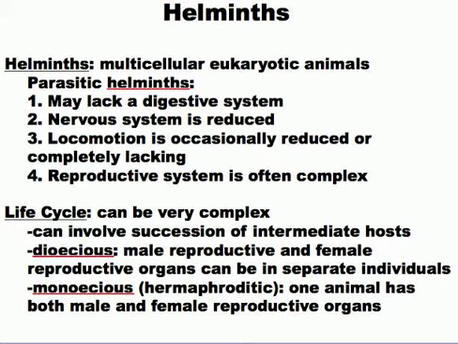The helminths can be dioecious, meaning the male and female reproductive organs are in separate individuals. You could say that humans are dioecious too. We have individuals with male reproductive parts and individuals with female reproductive parts. The other way that the helminths can be is monoecious, which is hermaphroditic. In a monoecious helminth, one animal has both male and female reproductive organs.